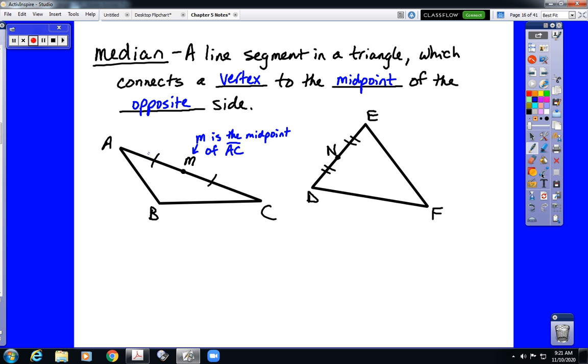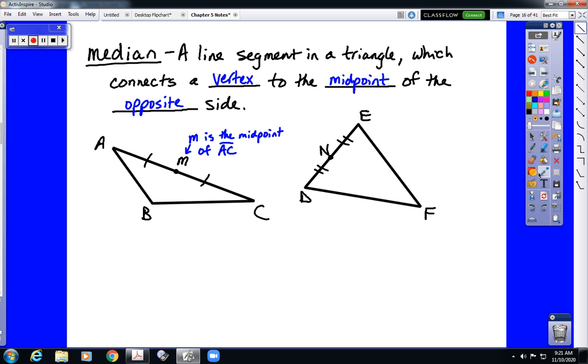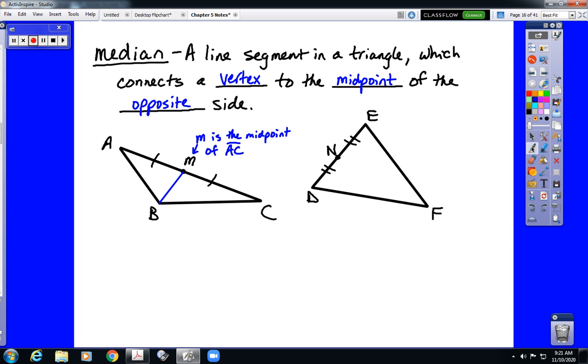So if we connect vertex B to the midpoint of AC, that line segment, MB, is a median of triangle ABC. It connects a vertex B to the midpoint of the opposite side, AC.